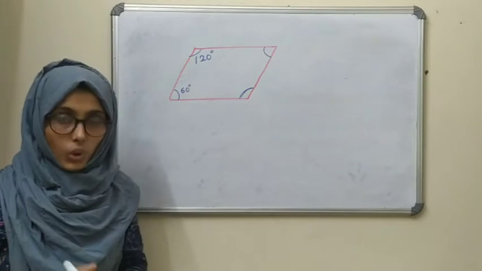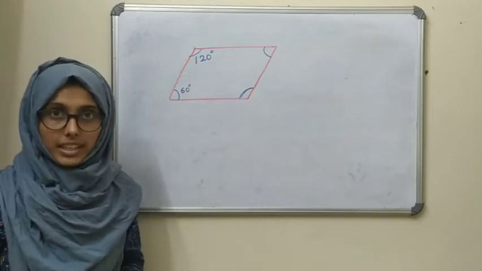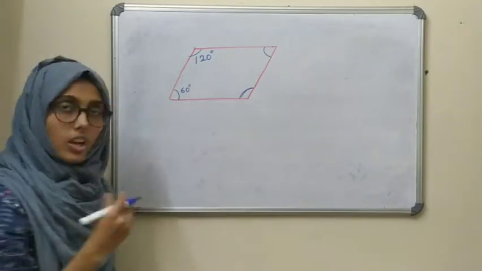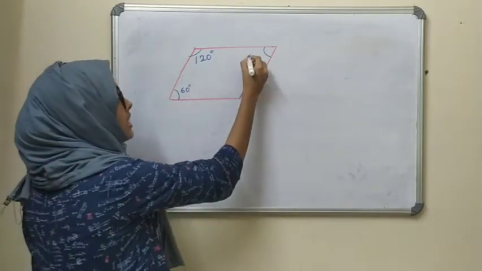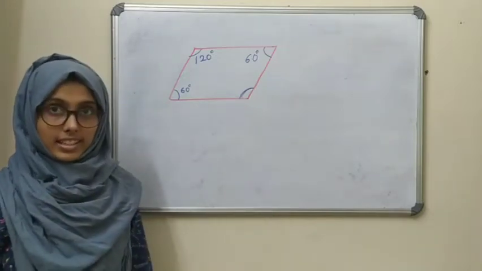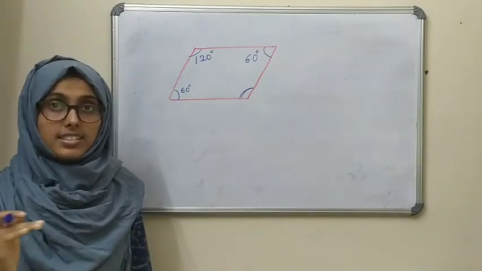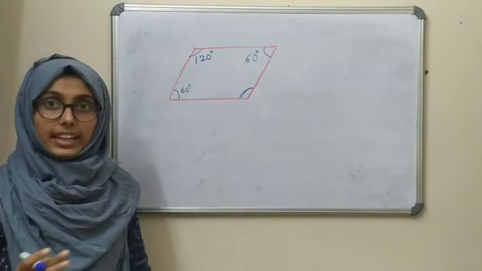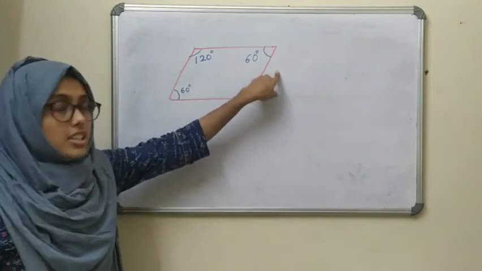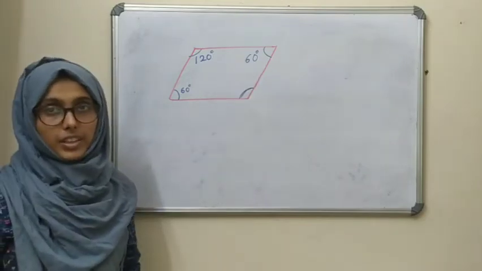In the case of co-interior angles, the sum is 180 degrees. So 60 plus 120 is 180 degrees. Now this angle will be 60 degrees, because in the last class we studied that opposite angles in a parallelogram are equal.